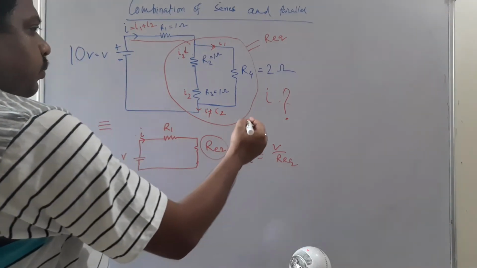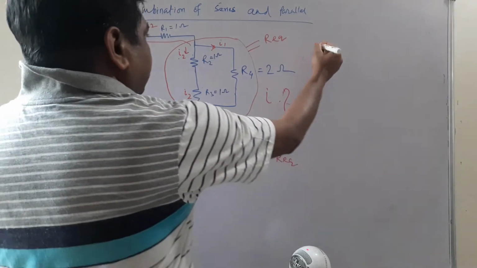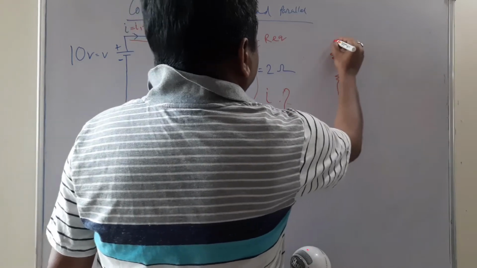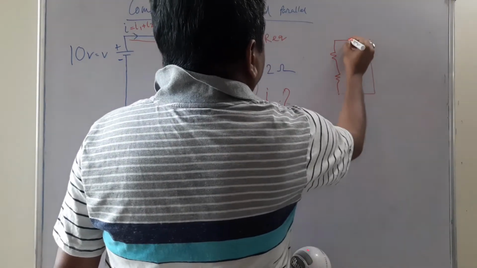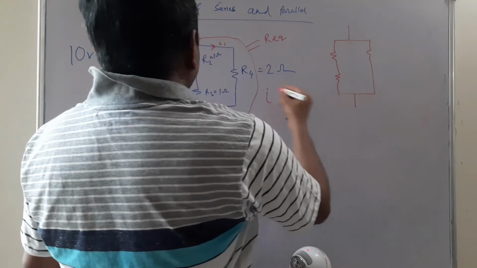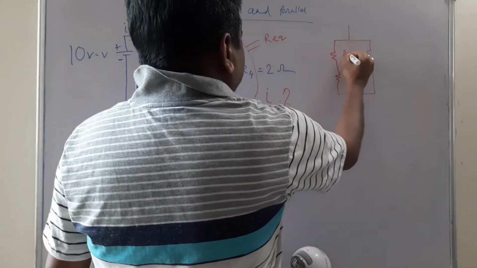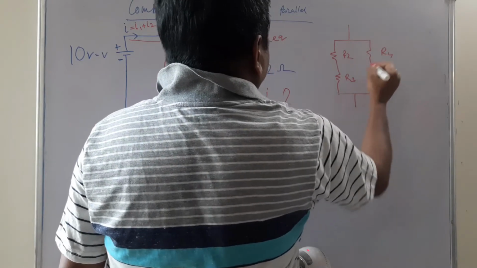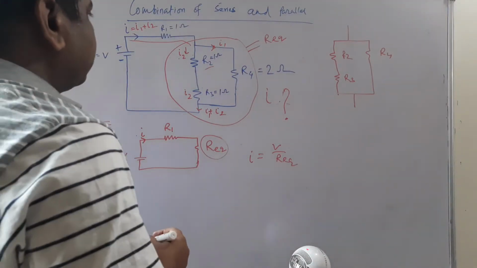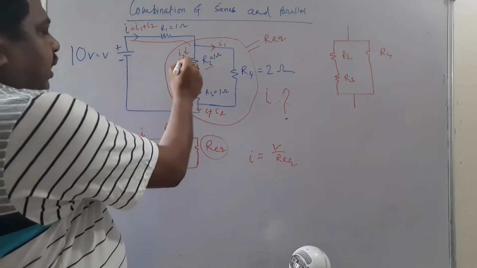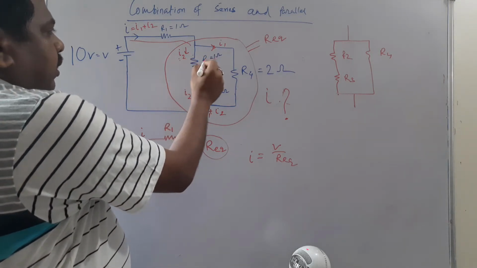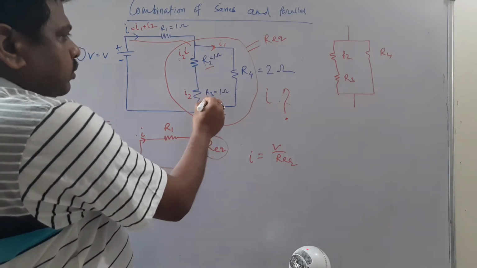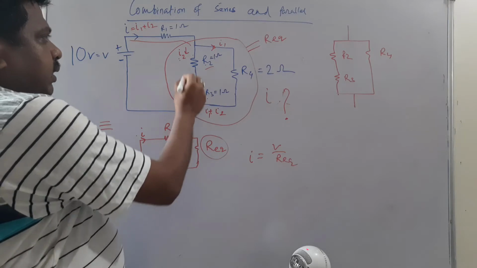So this Req, okay, so this is your R2, this is R3 and this is R4. Now if you see that the current flowing through R2 and the current flowing through R3 is the same.